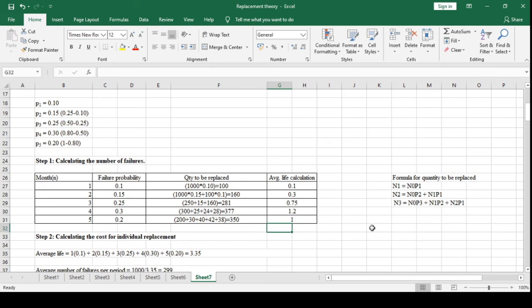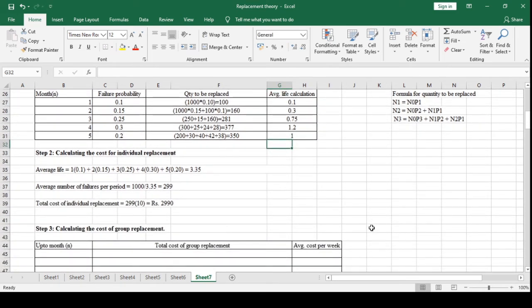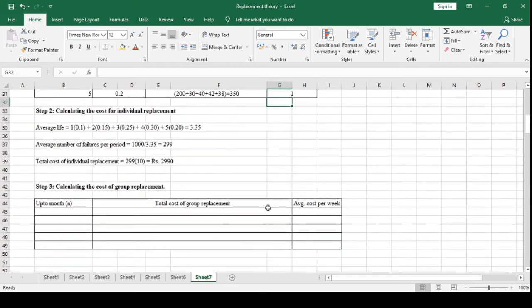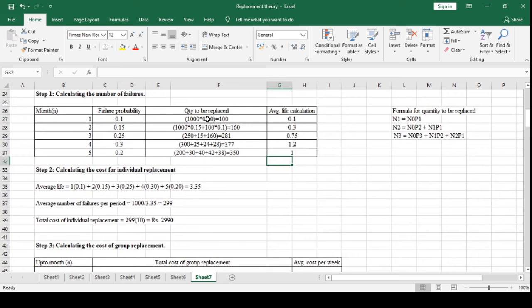Now we will calculate the cost of individual replacement. As we have the quantity to be replaced as well as the average life calculation, we will calculate the cost of individual replacement.